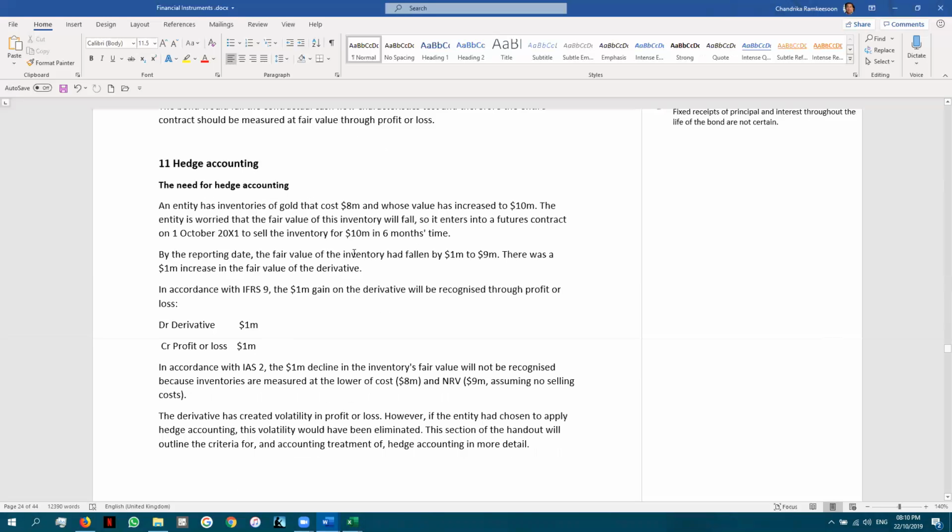Now, the biggest challenge for students in financial instruments really is hedge accounting. Those of you who did AFM or any similar course of study would be familiar with hedging. In fact, we've been talking about hedging earlier in this handout, haven't we?